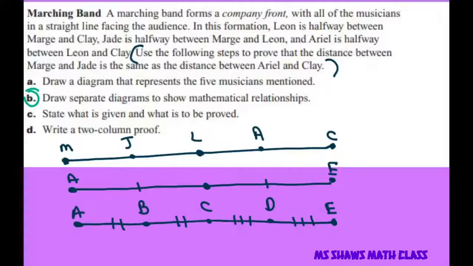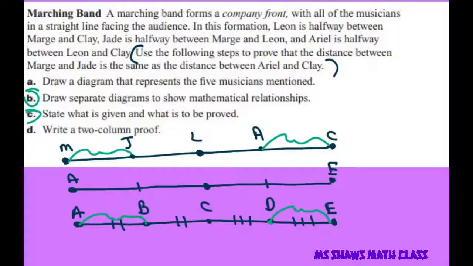And what we want to do is use the following steps to prove that the distance between Marge and Jade, so right here, is the same as the distance between Ariel and Clay. So from A to B and from D to E. So that's what we want to prove.